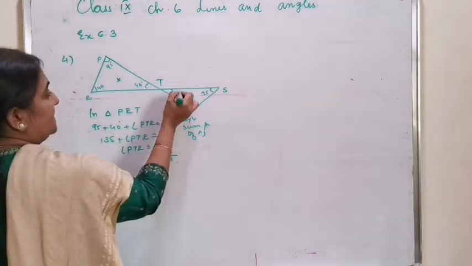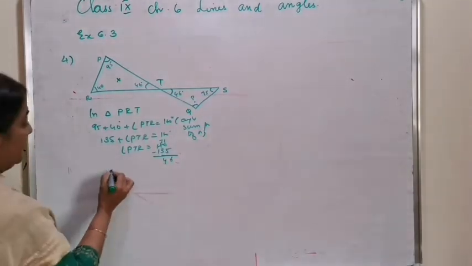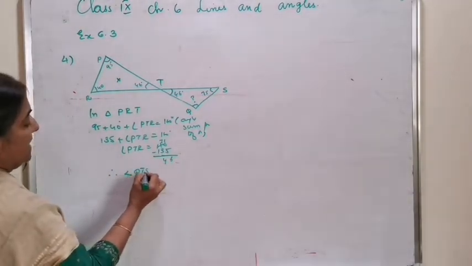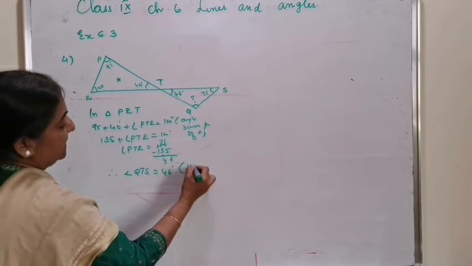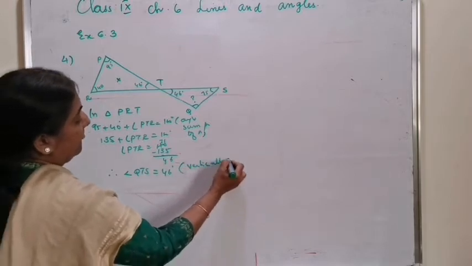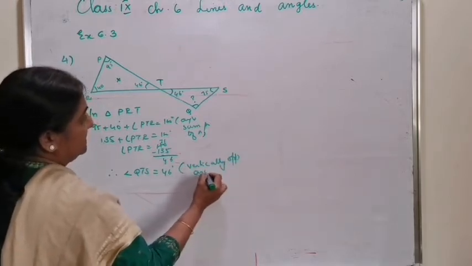Immediately, therefore, angle QTS is also equal to 45 degrees by vertically opposite angles.